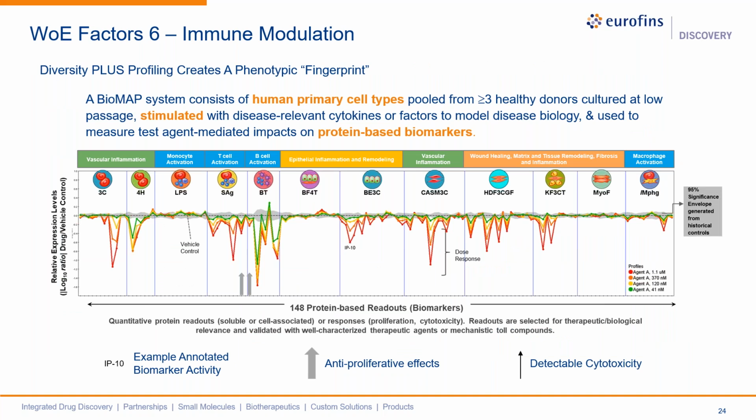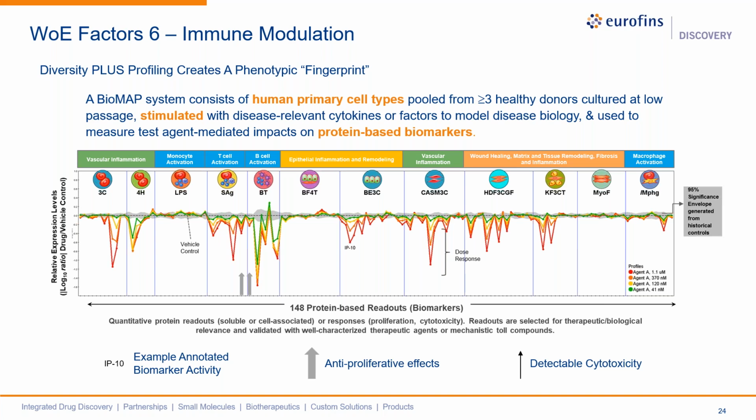BioMap creates a phenotypic fingerprint of modulation. Here we can see how it works. We use human primary cells from at least 3 healthy donors, cultured at lower passages, and stimulate them with disease-related cytokines. This allows us to model complex disease biology and measure the precise impacts of tested agents on the protein-based biomarkers.